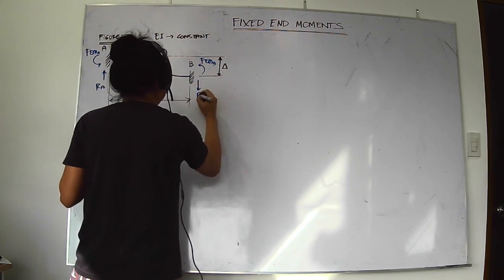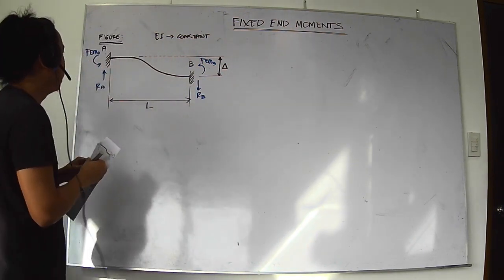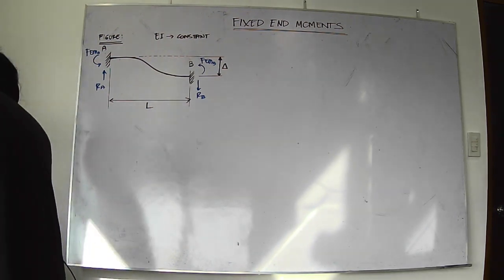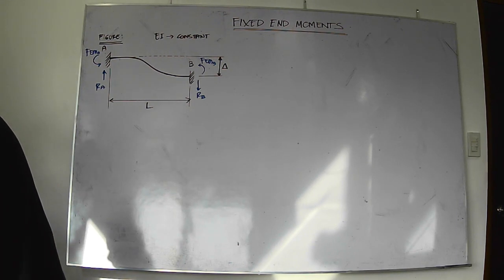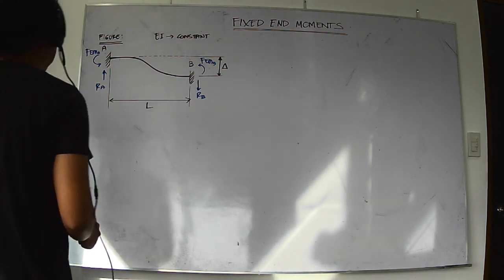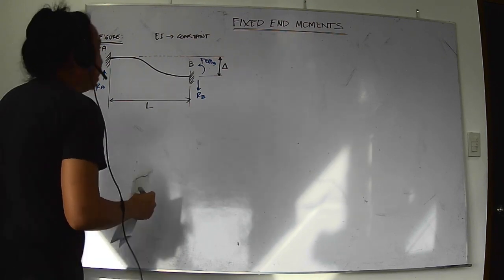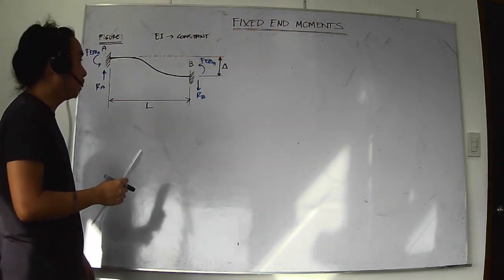Those are the reactions. You can assume any direction. If it comes out negative, as long as you are consistent, it will still come out the same. The directions can be positive or negative.